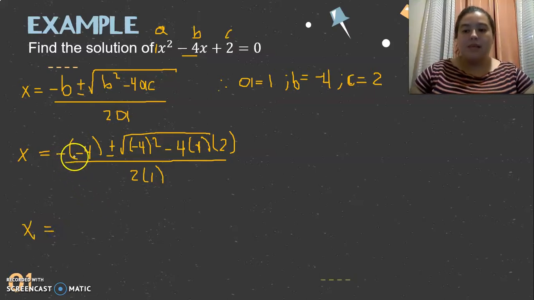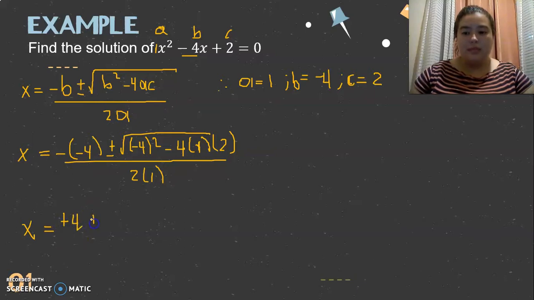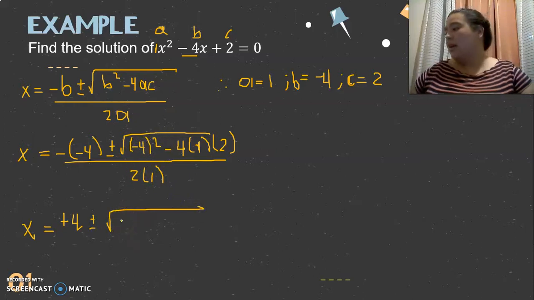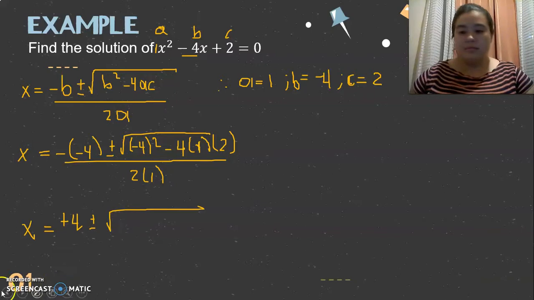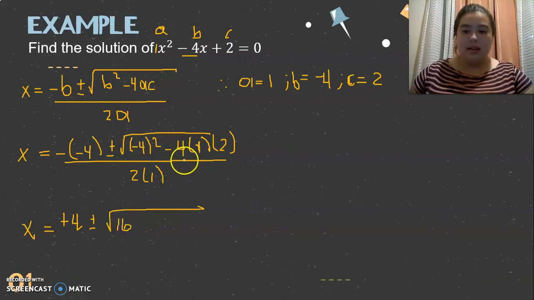So negative times negative equals positive 4, plus or minus the square root of negative 4 to the second power, which equals 16, okay? Now 4 times 1 is 4, 4 times 2 is 8, okay?